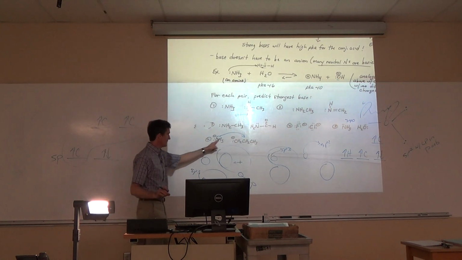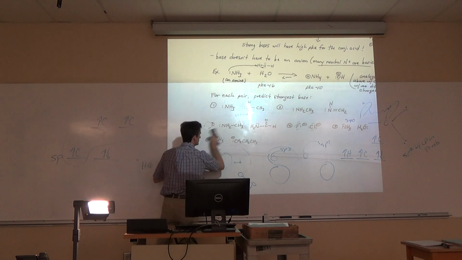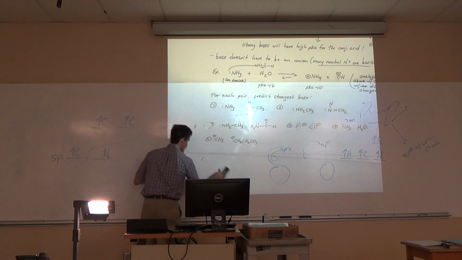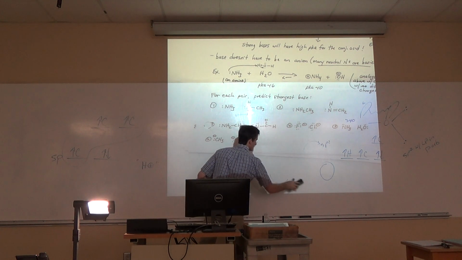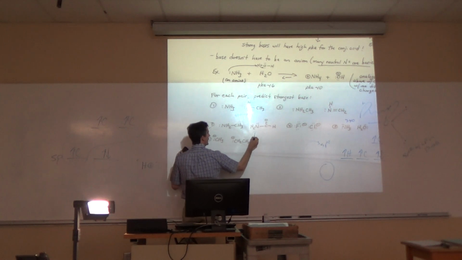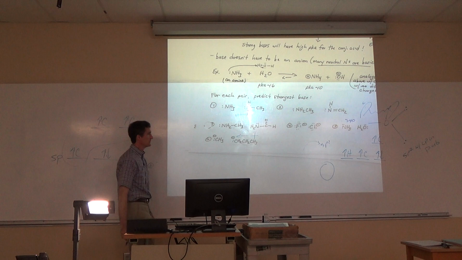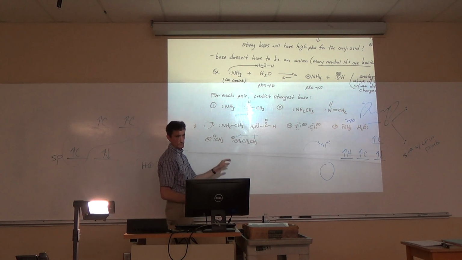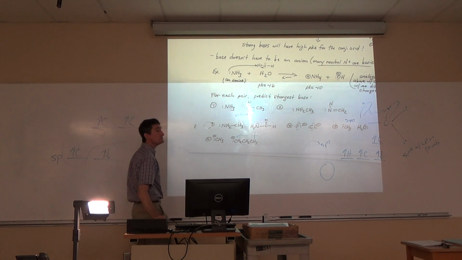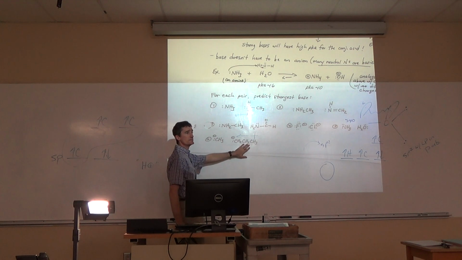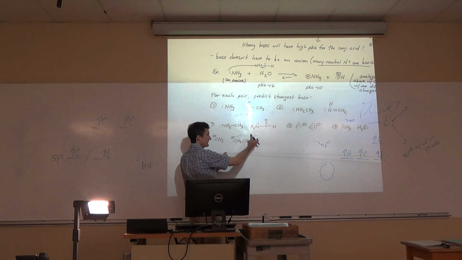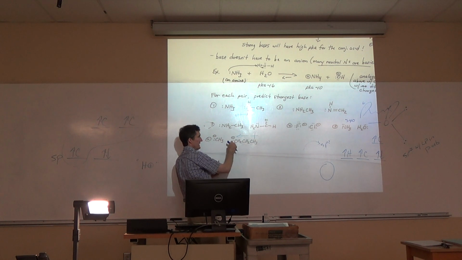Which carbanion is more basic? I got a lot of sp3 carbon. Which one's more basic? On the left. Right, why? Because all the CHs are acting as donors. Yeah, inductive donation, making this even more electron rich.